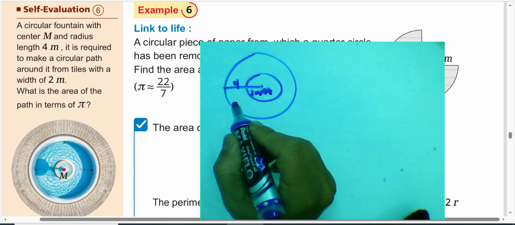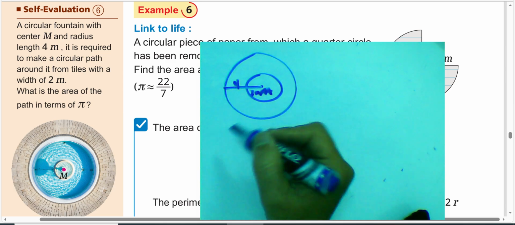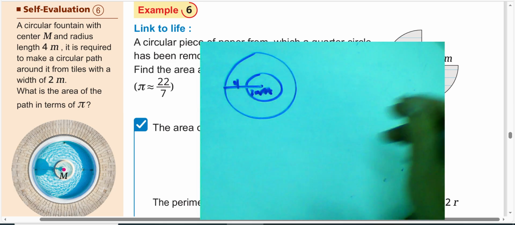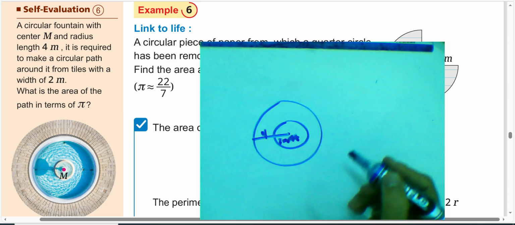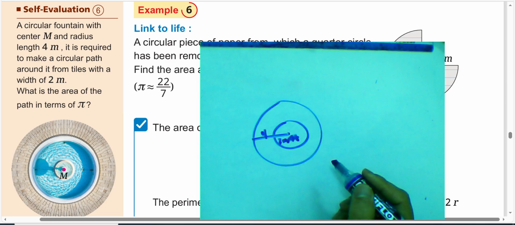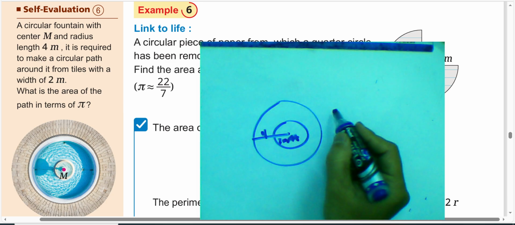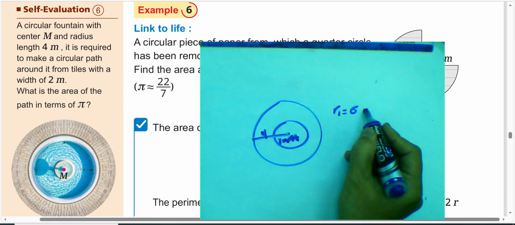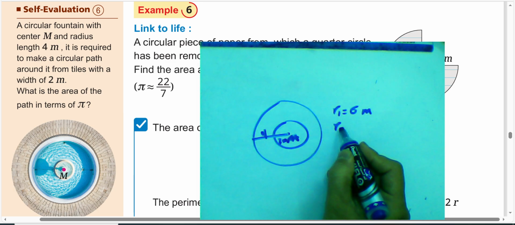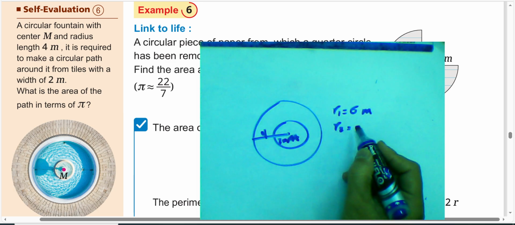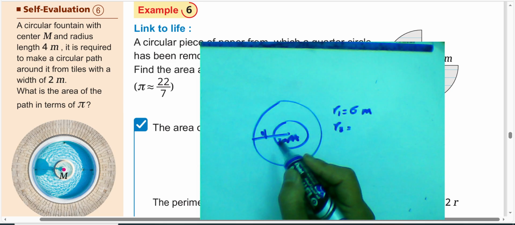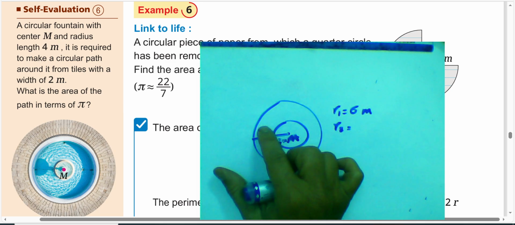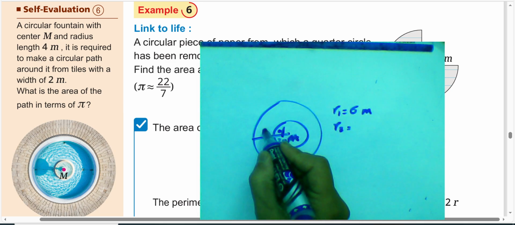We can find the area of the path as the difference between area 1 and area 2. Area 1, the radius 1 will be 4 plus 2 equals 6, and radius 2, the small one, equals 4. He gave me 4 meters for the small one, and here 2 meters.